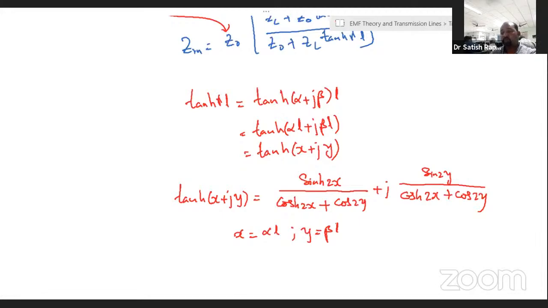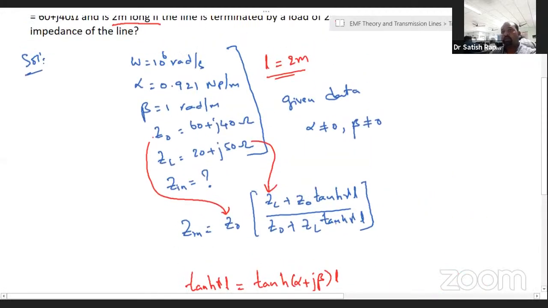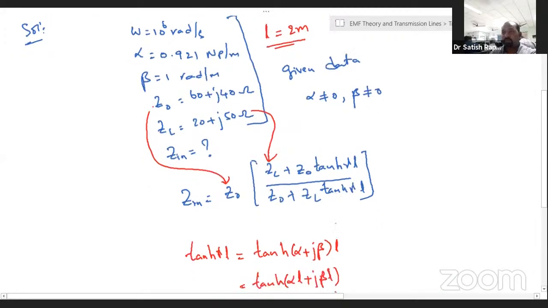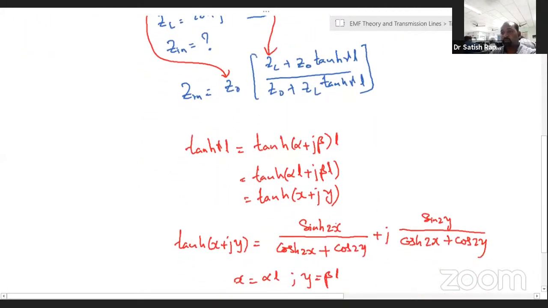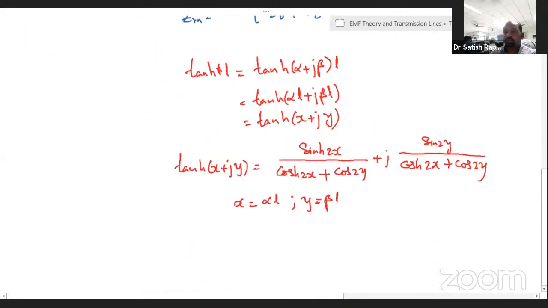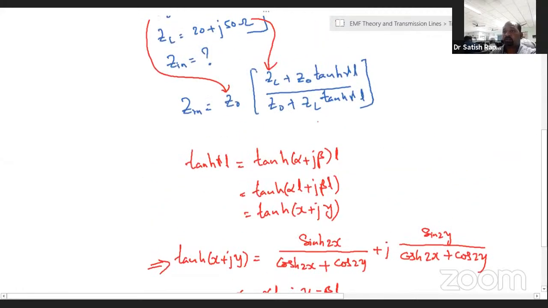You know what alpha L is: L is 2, alpha is 0.921, and beta is 1. So substituting those values, first you determine tanh of x plus jy, and then substitute that tanh gamma L in this expression, and simplifying, you will get the final answer.